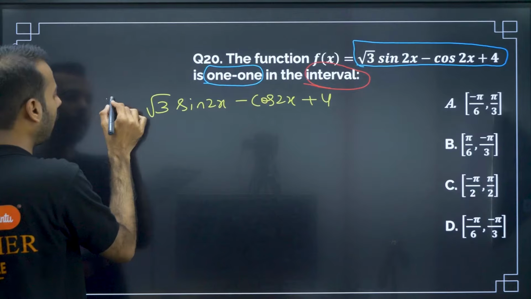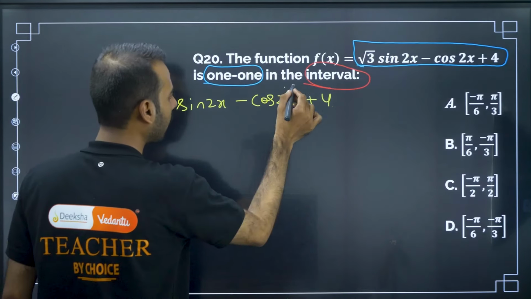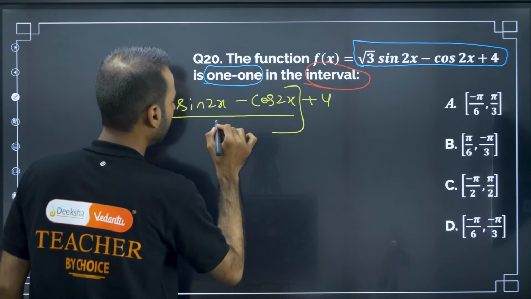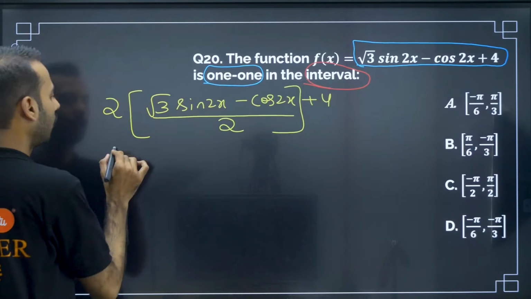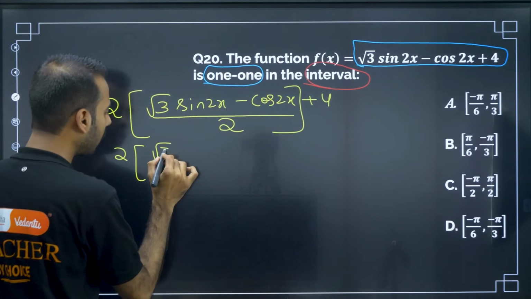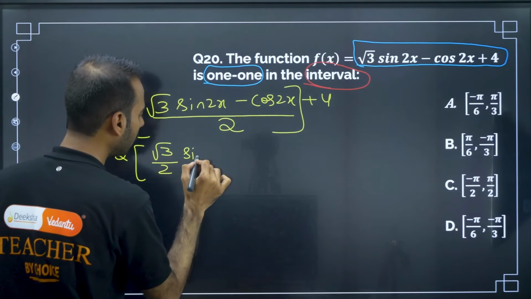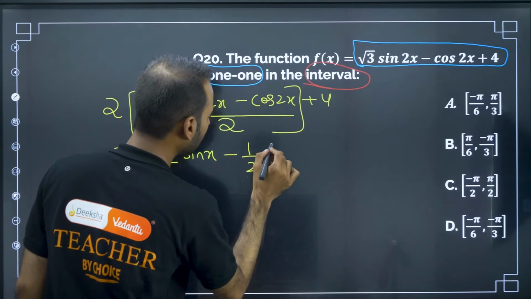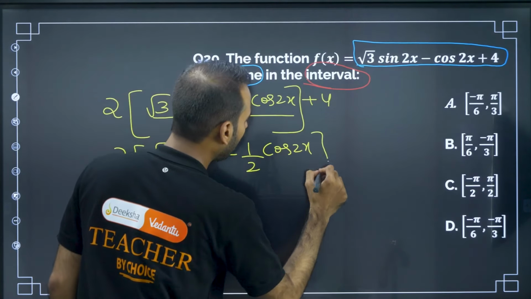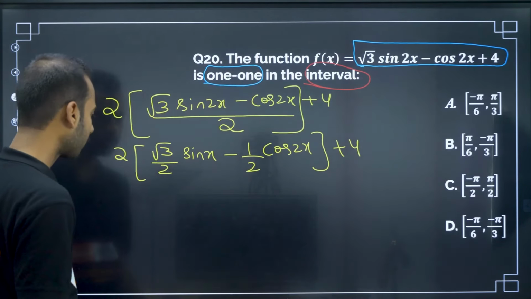For this, let me multiply by 2 and divide by 2: 2 times root 3 by 2 sine 2x minus 1 by 2 cos 2x, plus 4.